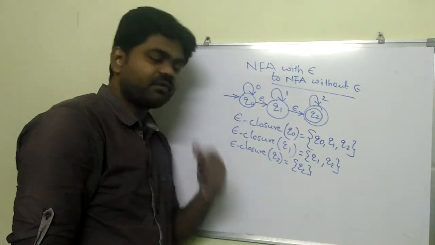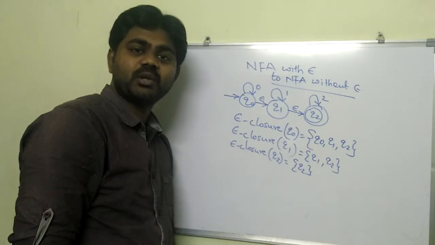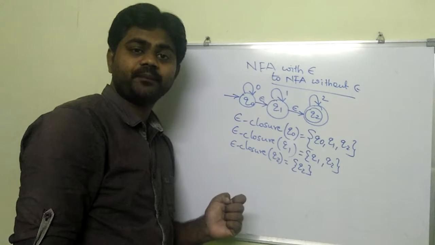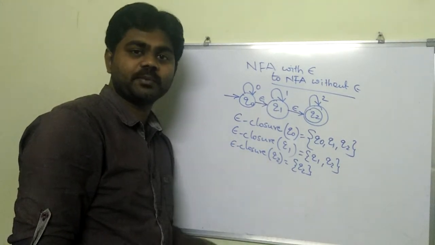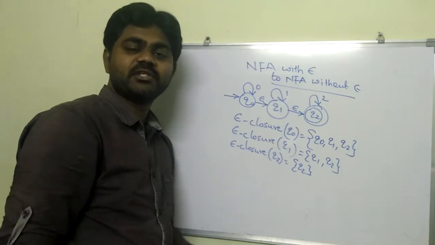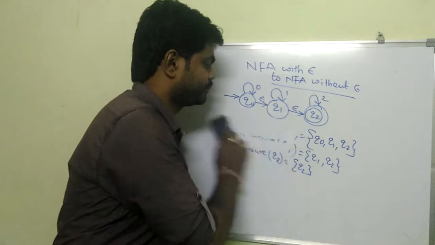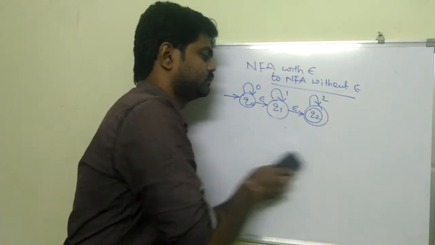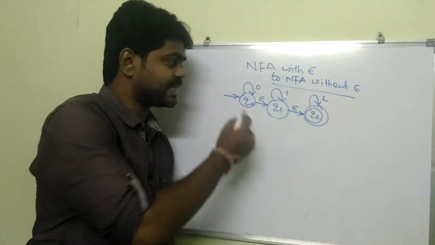Now, our main job is to convert from NFA with epsilon to NFA without epsilon, so I should not have epsilons. We have a procedure and a formula for this. To find the transition function, let's take the same example.